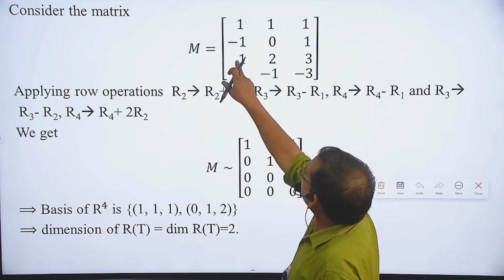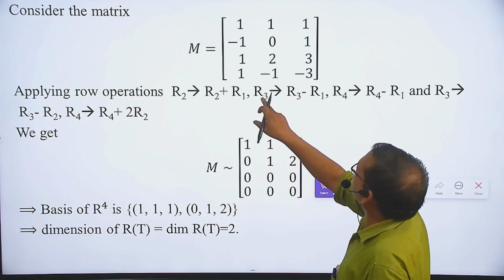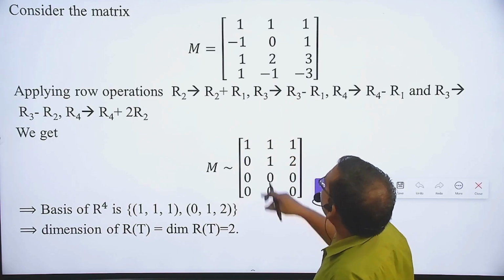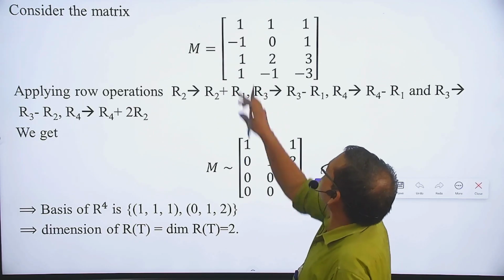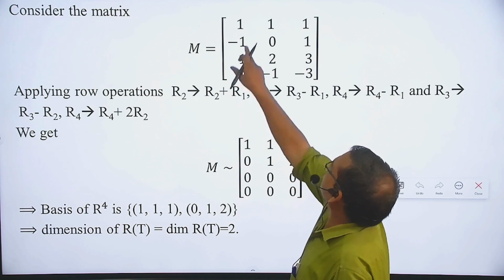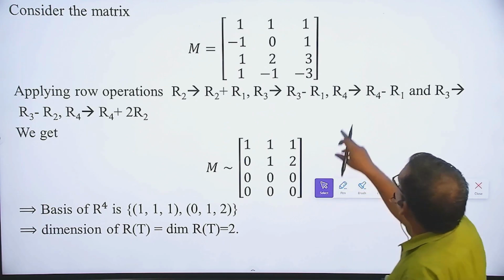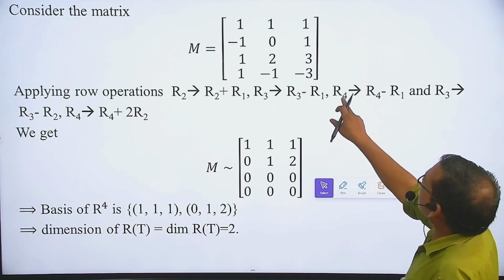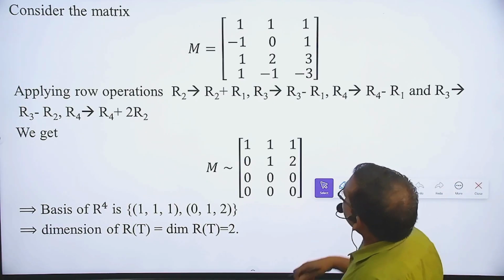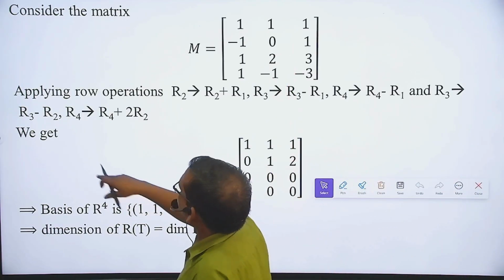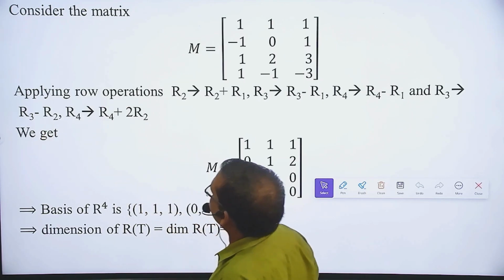For the first element of the third row, we apply R3 goes to R3 minus R1. When we subtract 1 from 1, it will be 0. Similarly, we take R4 goes to R4 minus R1. And in the second step, we take R3 goes to R3 minus R2, and R4 goes to R4 plus 2 R2.